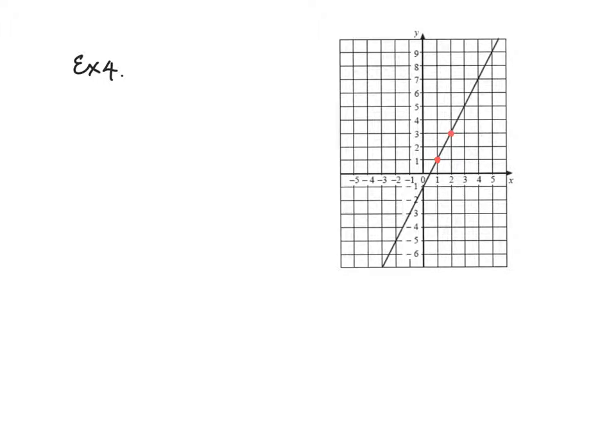Now, let's just consider, for every one box that we move along, we move 2 boxes up, 1 along and 2 up. The gradient can be found by using the very simple formula vertical change over horizontal change. So in this case the gradient is 2 over 1, which is 2. A gradient of 2 means that for every 1 box along we move 2 boxes up.